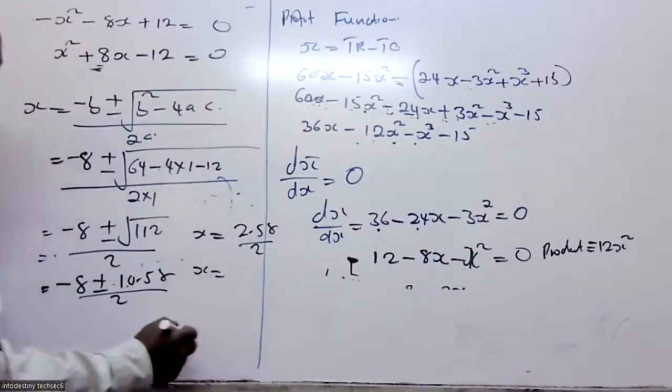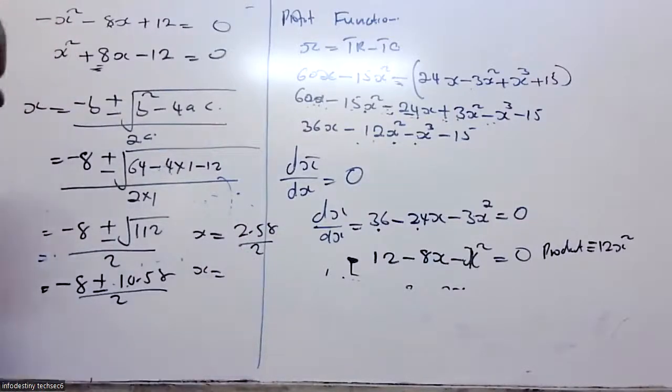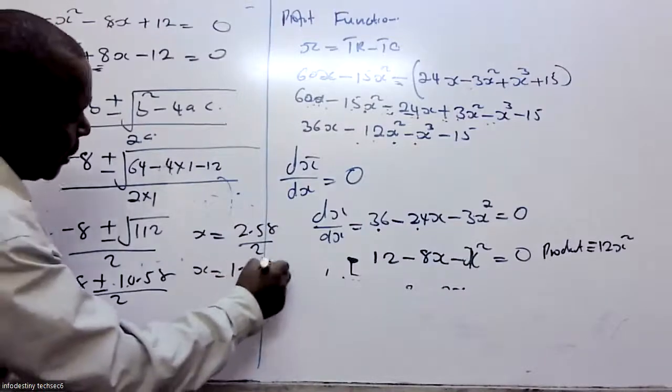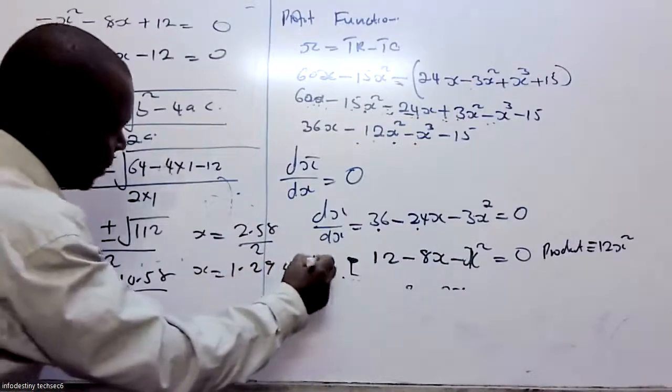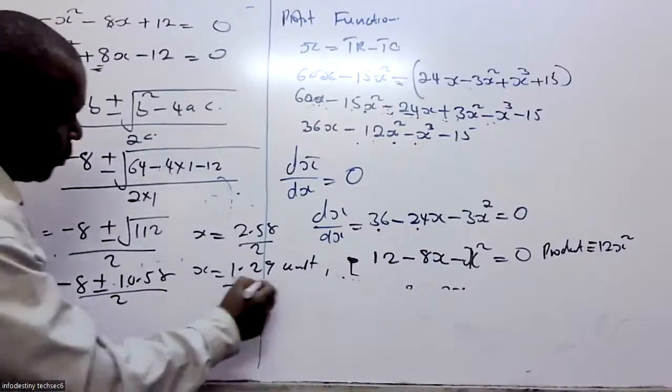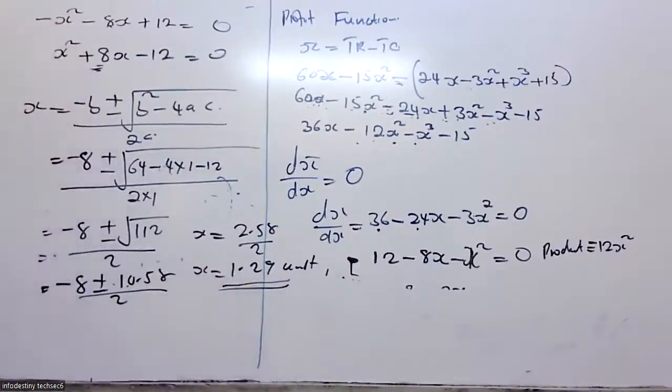X equals 1.29. That's the number you use, because the second one is going to give you a negative. So this is the one you are going to use, 1.29. After getting that particular value, then we get the maximum what?